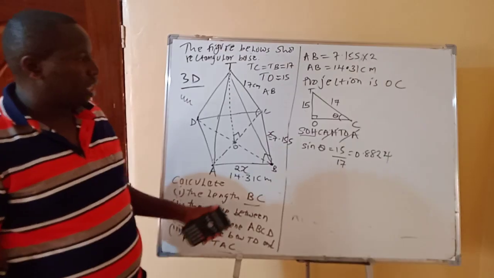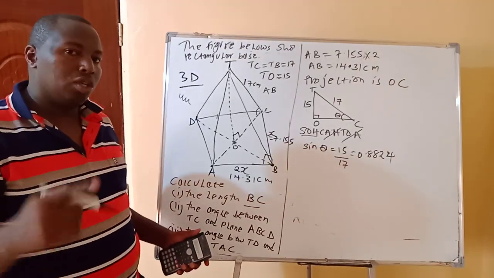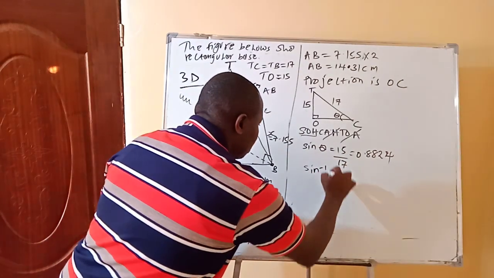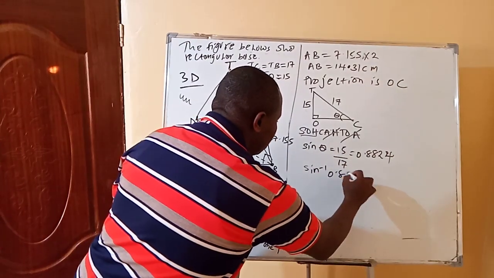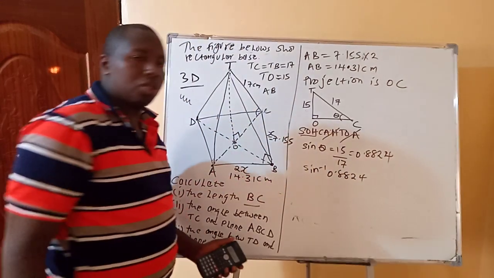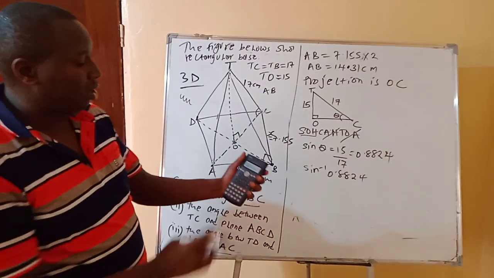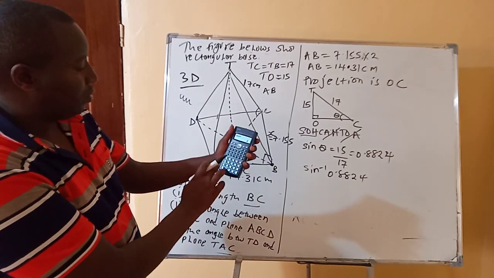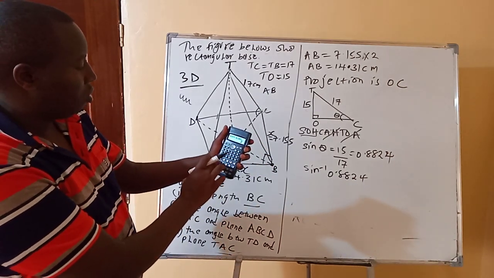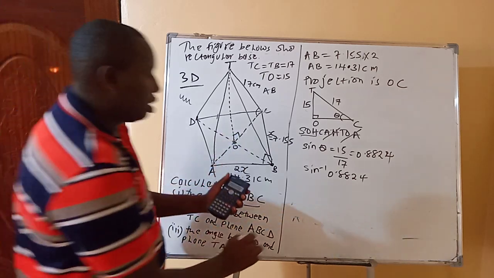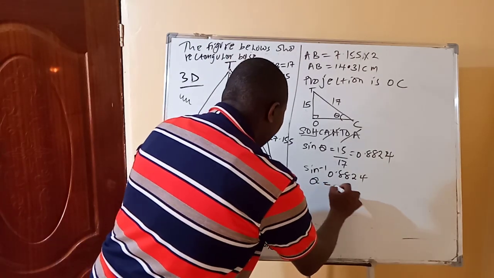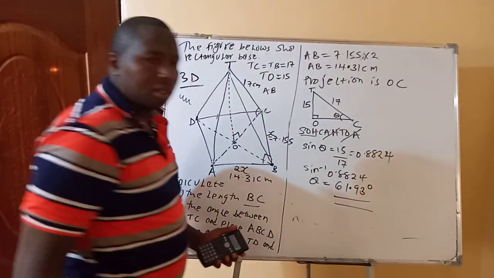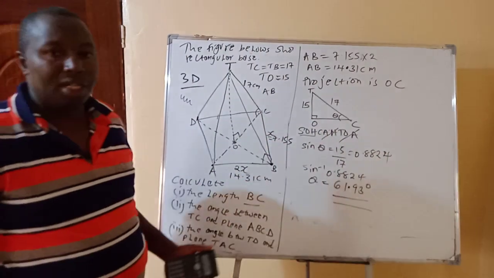So to find the angle, you find the sine inverse of 0.8824. Using your calculator to find the angle theta, you press shift sine of 0.8824, and the required angle theta is 61.93 degrees.